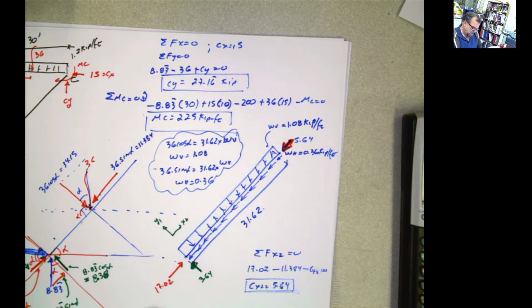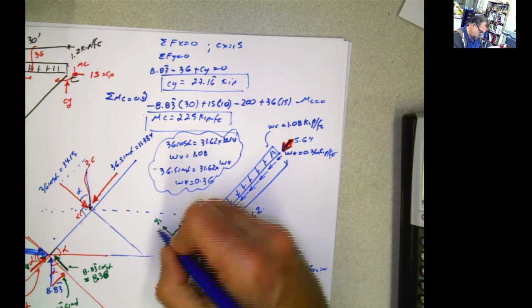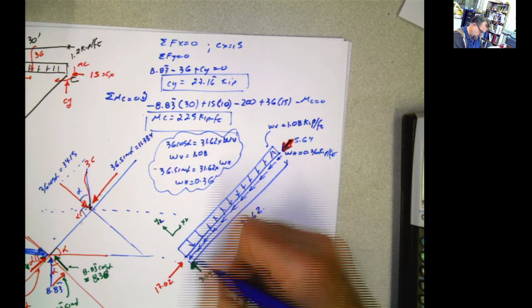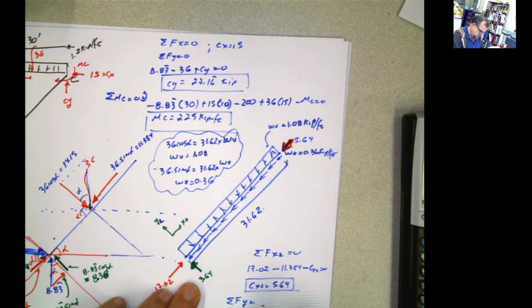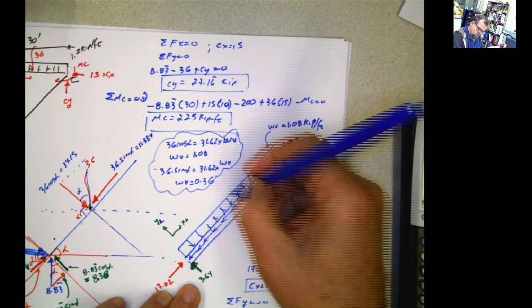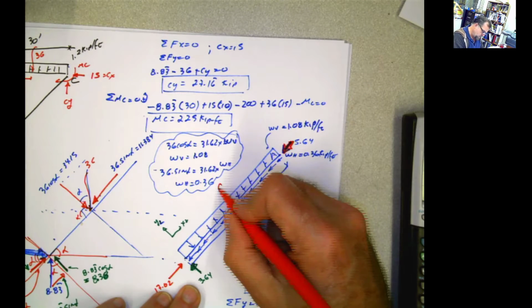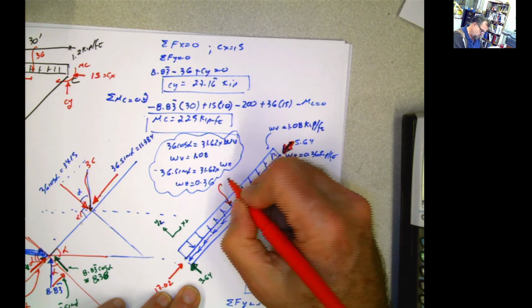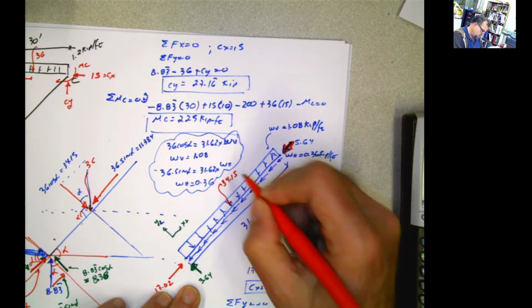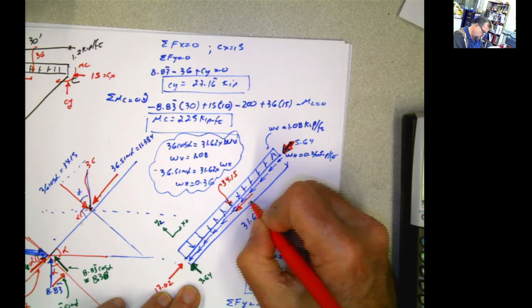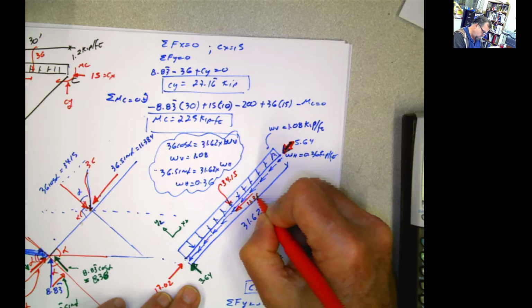Now we do summation of forces in the y2 direction. This direction, in the y2 direction, meaning in this way. So I have 3.64 minus this one. Remember this one here, I should have put this here, 34.15, and this one is 11.384.